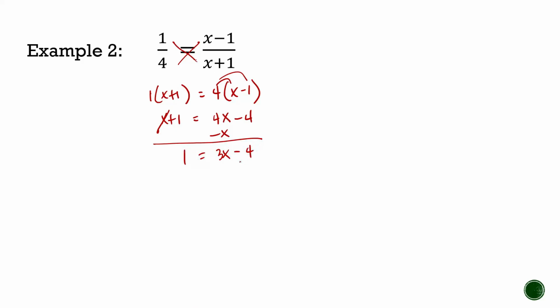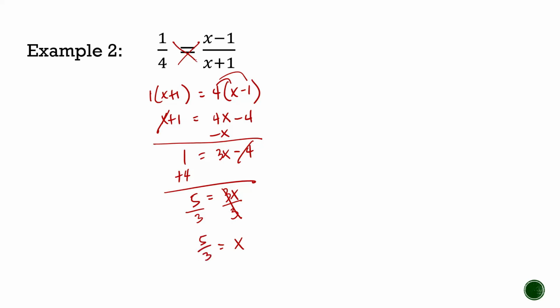Now the negative 4, we need to get rid of that by adding 4 on both sides. So that means we will cancel the negative 4. That's negative 4, so this will be plus 4. Okay, so 3x equals 5. And then finally divide by 3 on both sides. That's going to give us x is equal to 5 over 3.